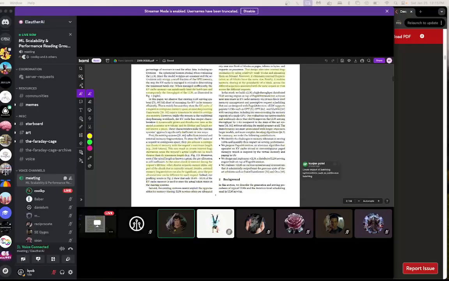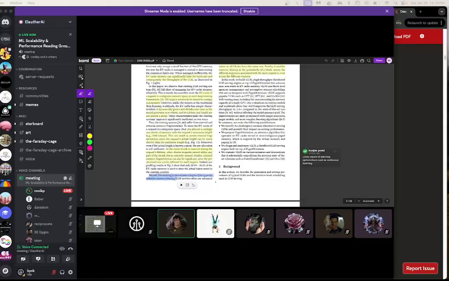And then later on, I would phrase this as a tier two optimization: currently there's no relationship that's been exploited between different output sequences or between requests.